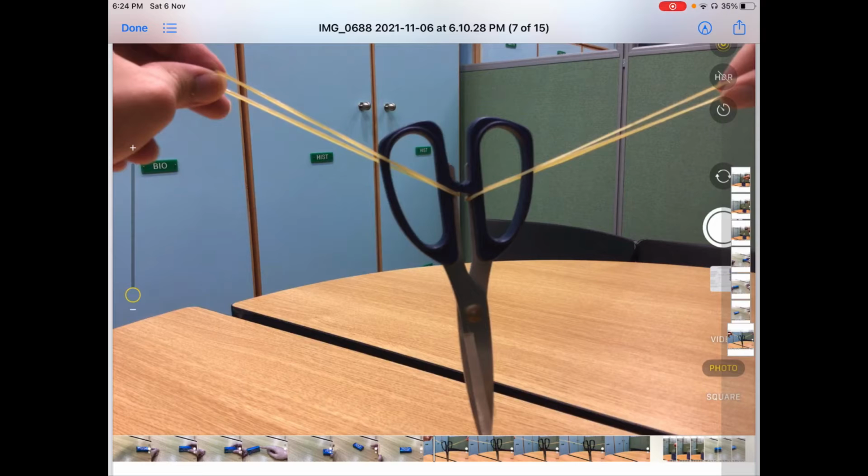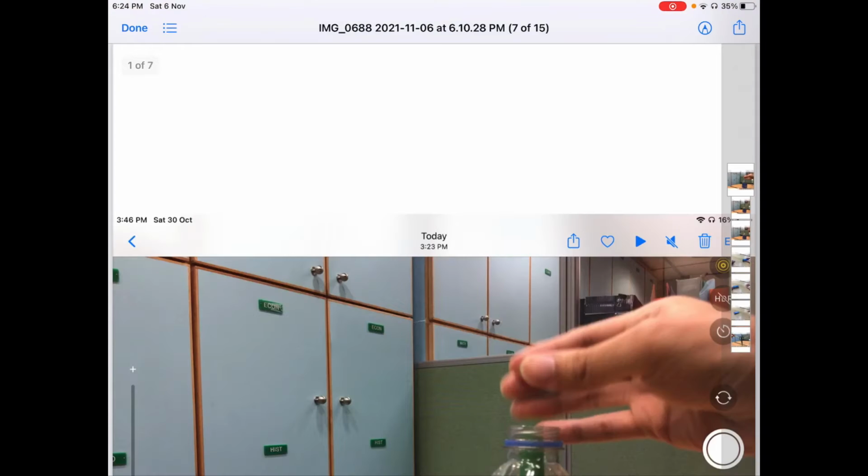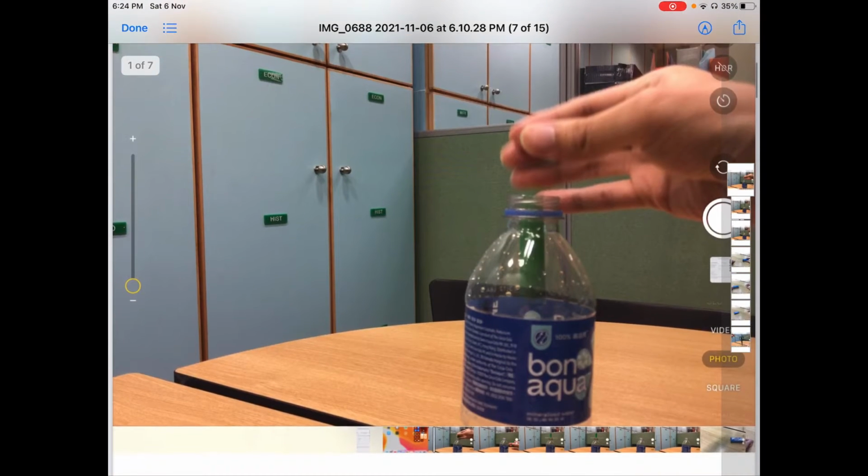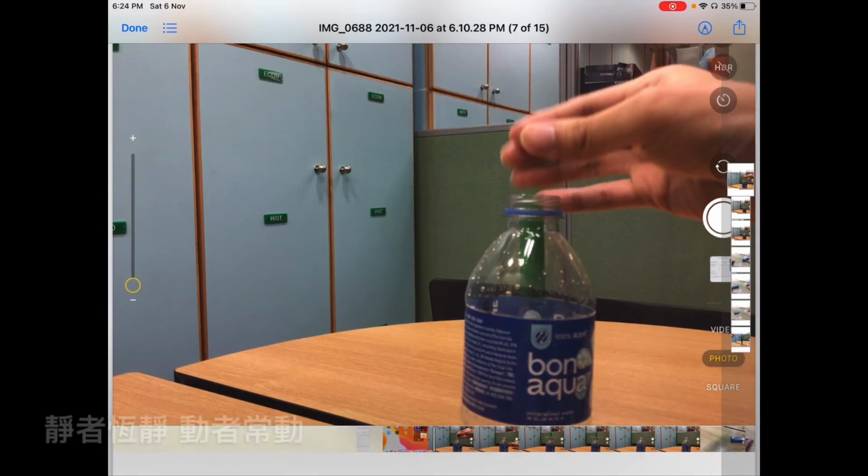Let's move to the next part. It's the discussion of how to draw a free body diagram. According to Newton's first law of motion, if there is no net force acting on an object, it will remain in its original motion state. That means if originally it is at rest, then it will remain at rest.